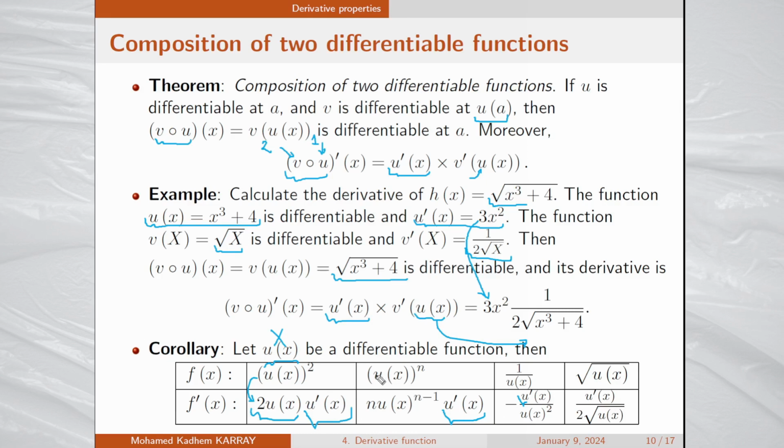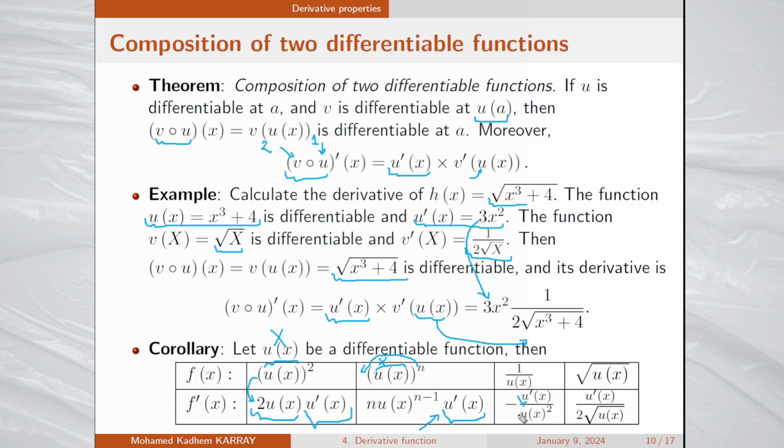For example, if I differentiate u of x to the power n, it will give n multiplied by u of x to the power n minus 1. So as if I differentiate x to the power n, and then I add the correcting term u prime of x. In the same way, the derivative of 1 over u will be equal to minus u prime divided by u squared, since the derivative of 1 over x is minus 1 divided by x squared.